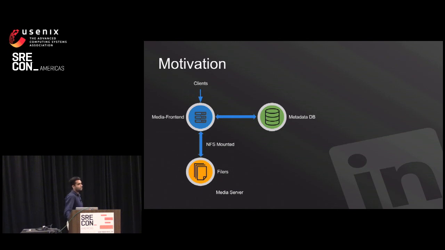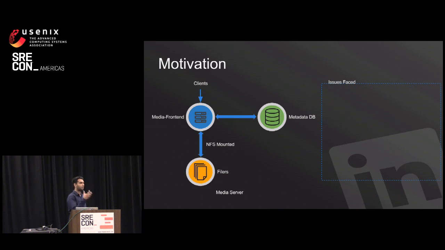Basically, we used a bunch of filers to store the objects. In these filers, each object was stored as a separate file, and these objects were NFS mounted. And there was a separate database for storing the metadata, like the location of the file and other system data. So this setup had a lot of issues.